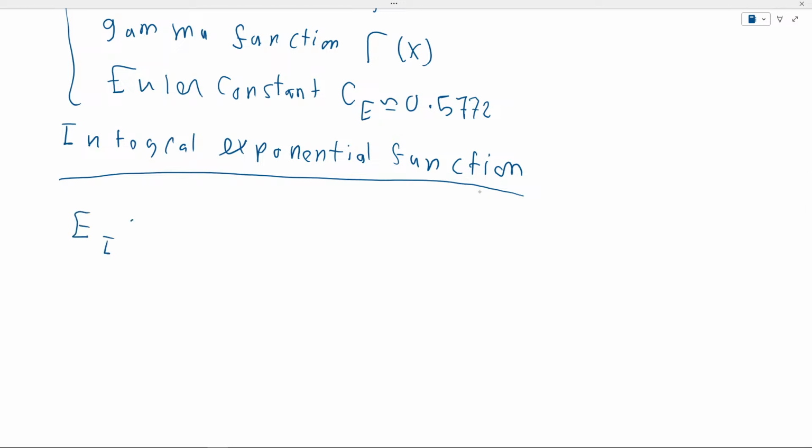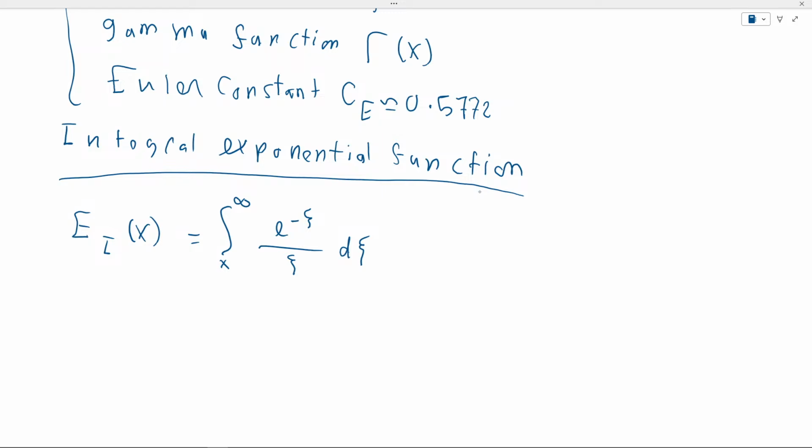It is a function of x, and you can express it by integrating from x to infinity, e to the power minus psi. Here psi is a dummy variable that will disappear after the integration. It is just for the integration part. This is called the exponential integral function.